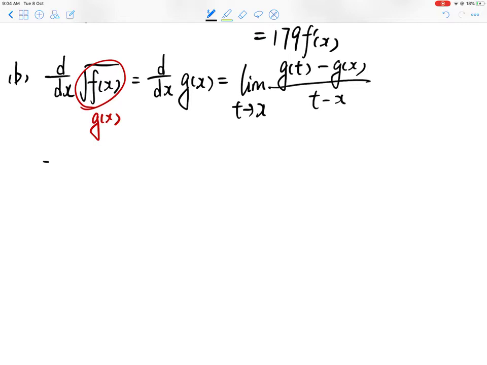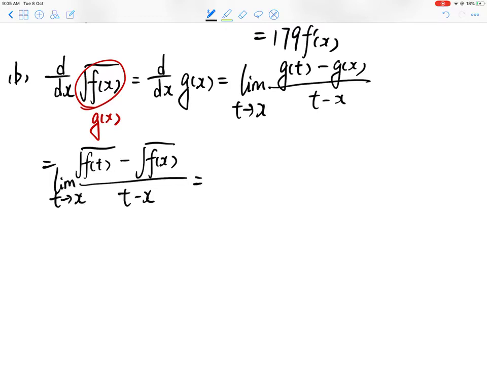And what is g(t)? g(t) is the square root of f(t). So it's the square root of f(t) minus the square root of f(x) over t minus x, limit.